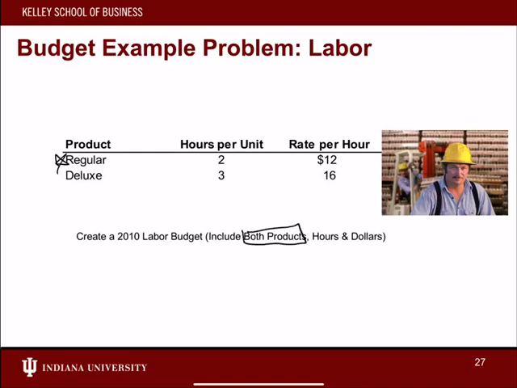Our regular product and our deluxe product, hours and dollars. And again, try to put this in some format that, imagine you were delivering this to the executive of the firm and they wanted to look at this and be able to easily understand it. So when you're working on this problem, maybe use Excel and put it in a format that you think is very usable. And then in the answer key, compare and contrast how the format looks in the answer key and how yours looks. It'll really help.